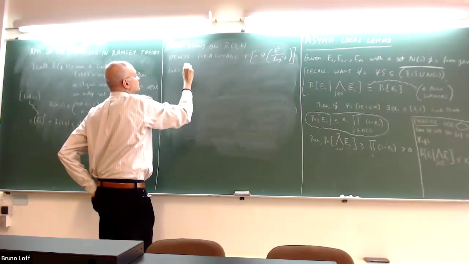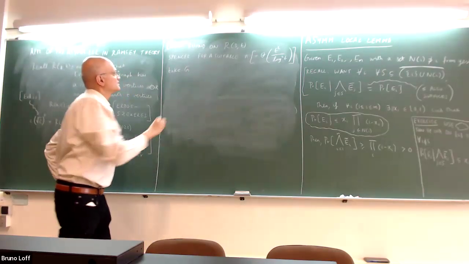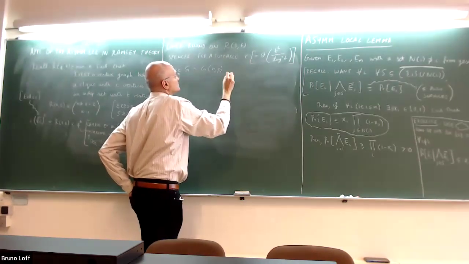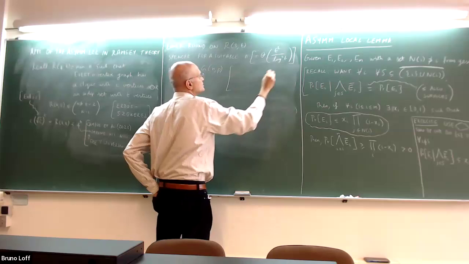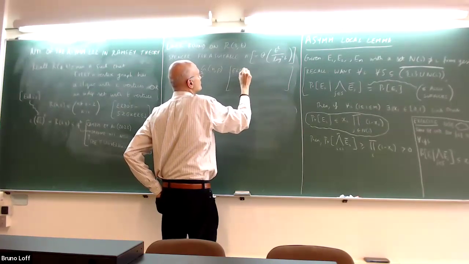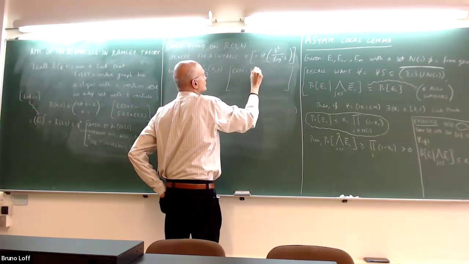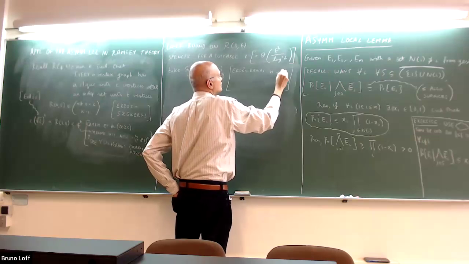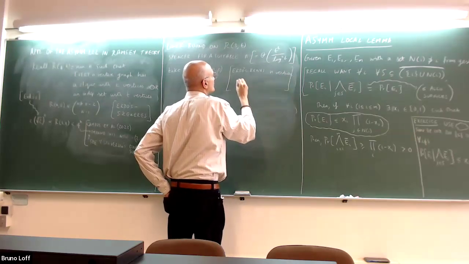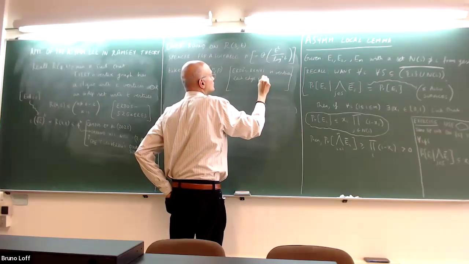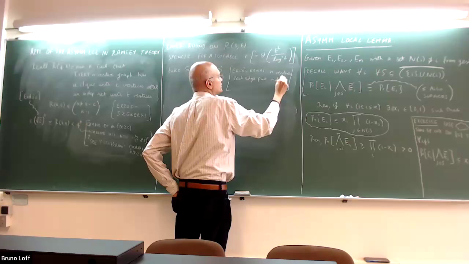Take the random graph G(n,p): take n vertices, each edge put independently with probability p.